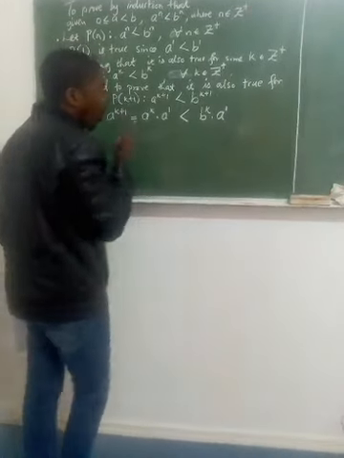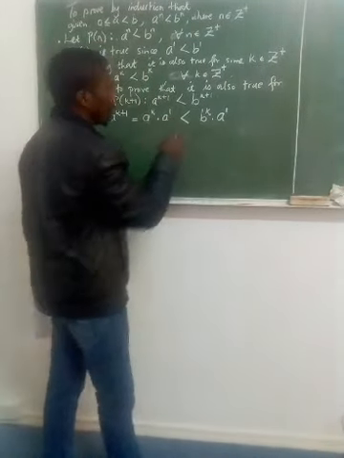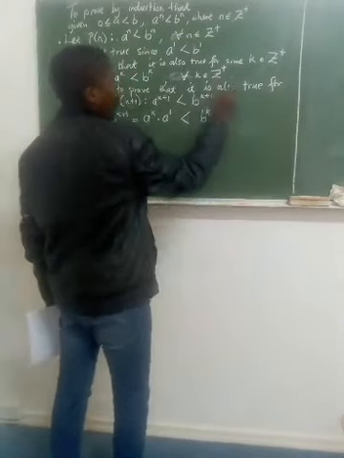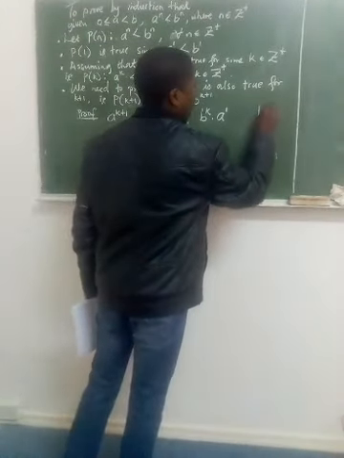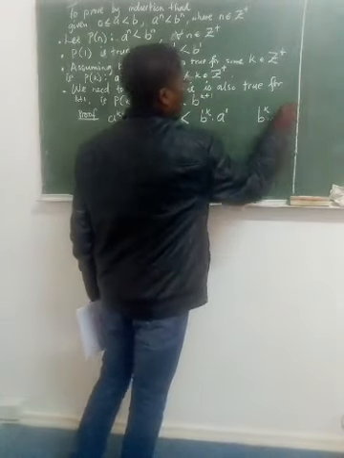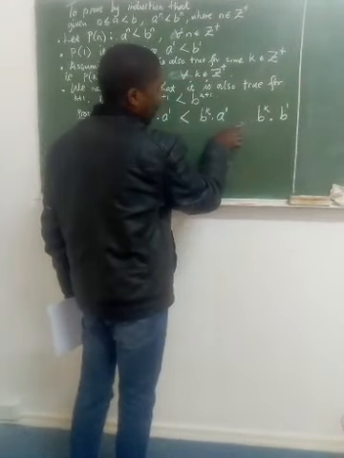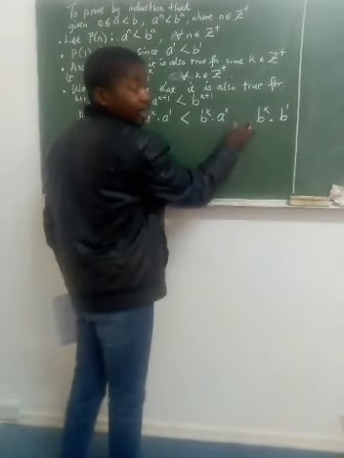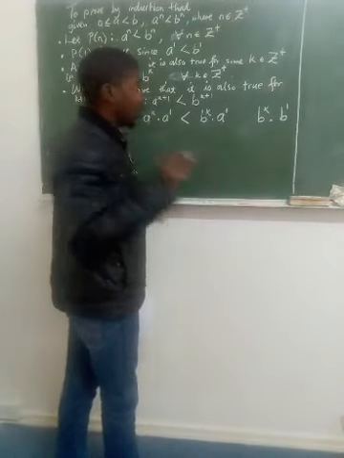Also, guys, tell me, what do you think about a to the power of 1 and b to the power of 1? If I write b to the k times b to the power of 1, instead of b to the k times a to the power of 1, which inequality should come here? What do you think? Yes, you are right.